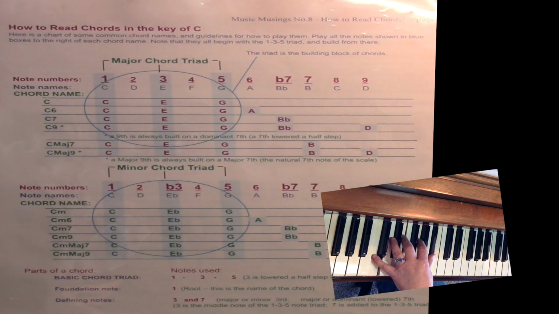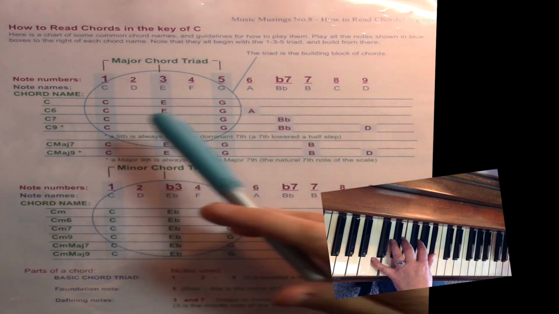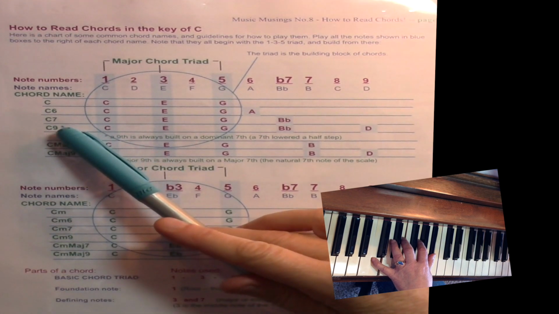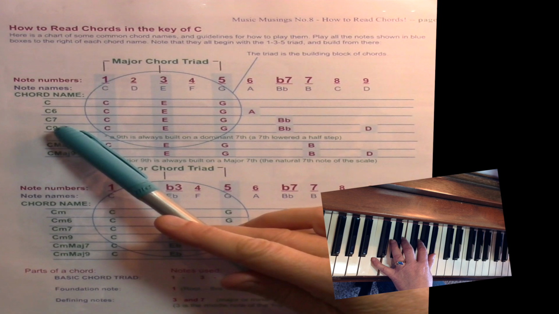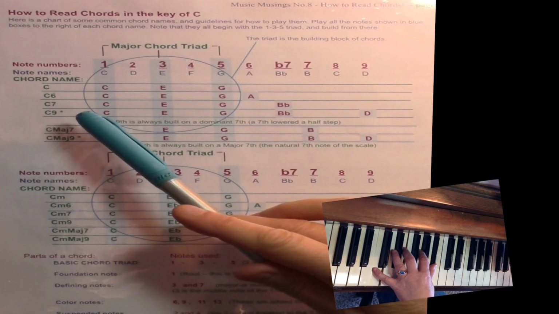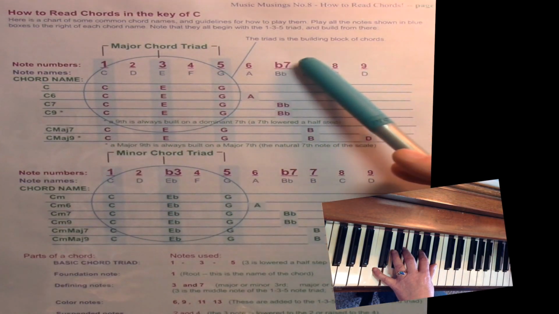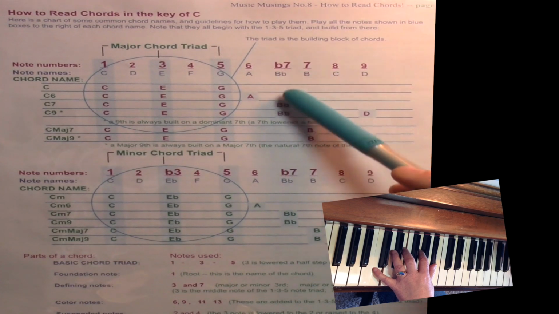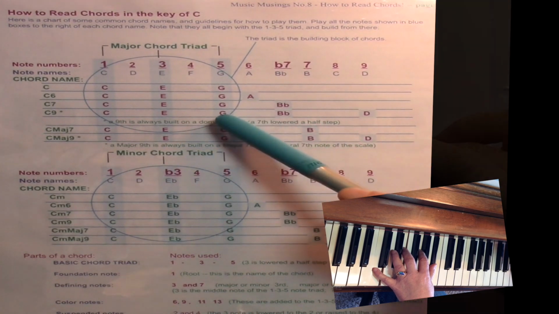In American music, dominant 7ths are more commonly used, so whoever invented this system decided a C7 means a 7th lowered half a step, and you add that to the triad.